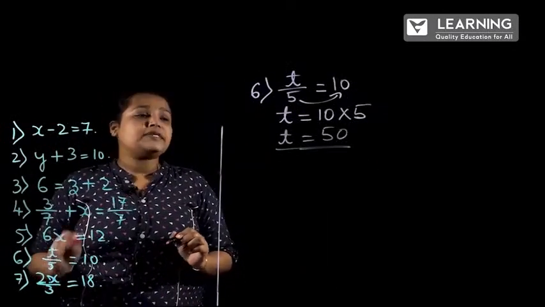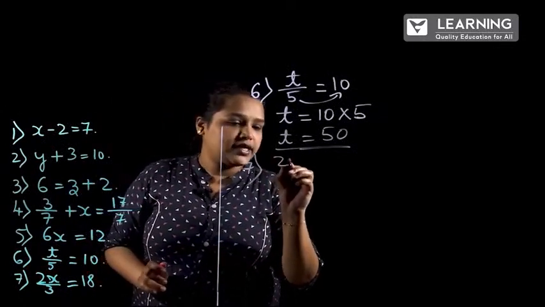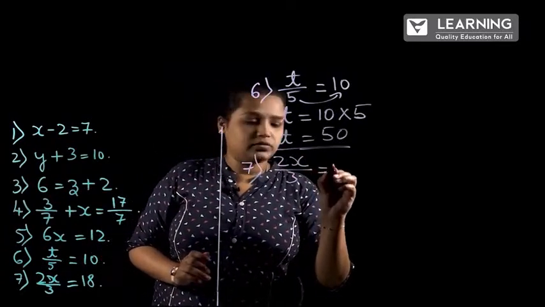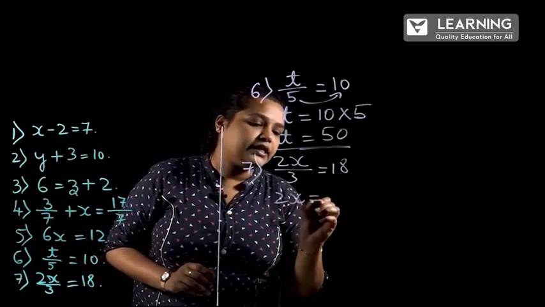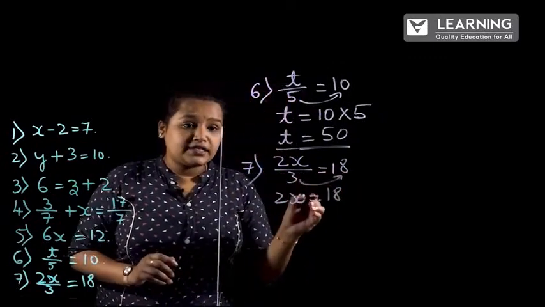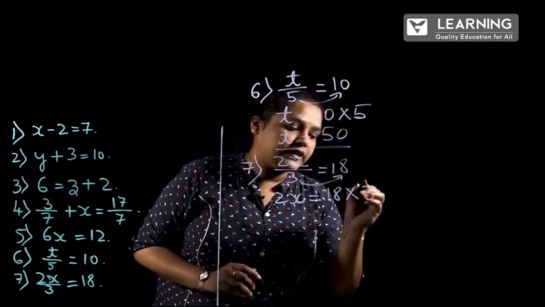And the next problem is the same as the sixth problem, that is the seventh problem. 2x by 3 is equal to 18. Now, division goes to RHS, it will become multiplication into 3.